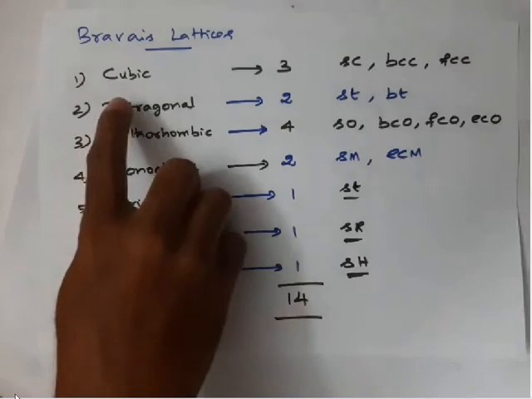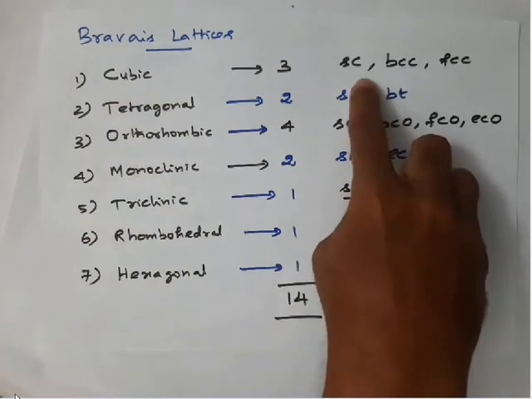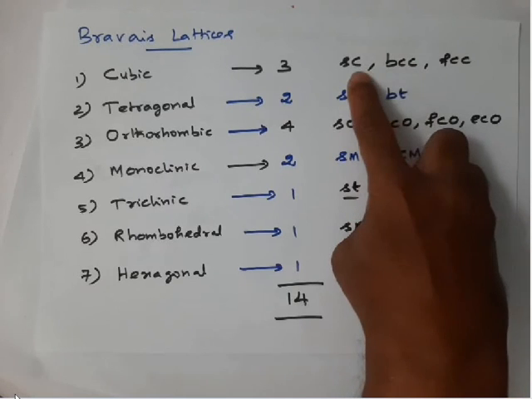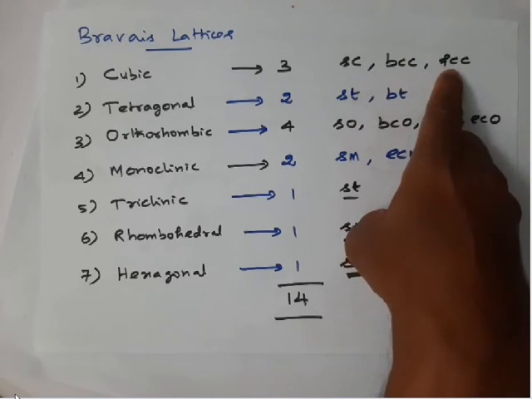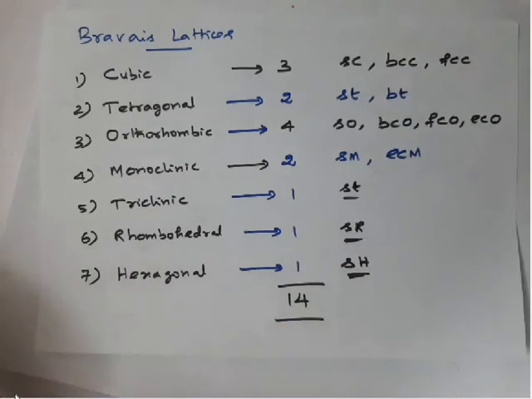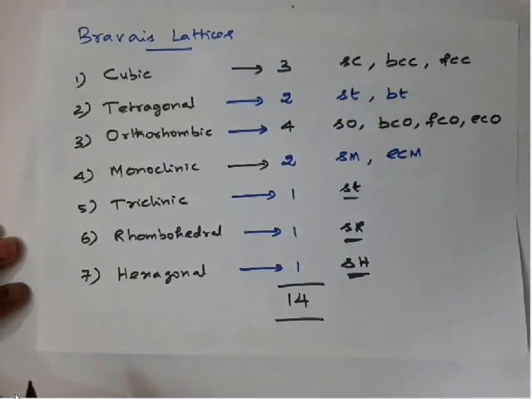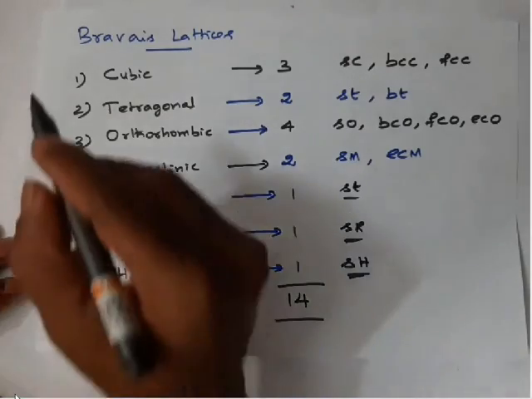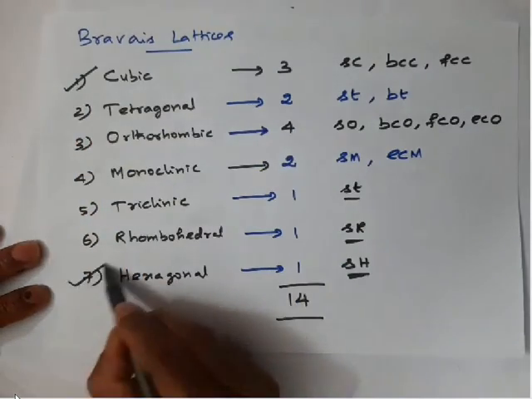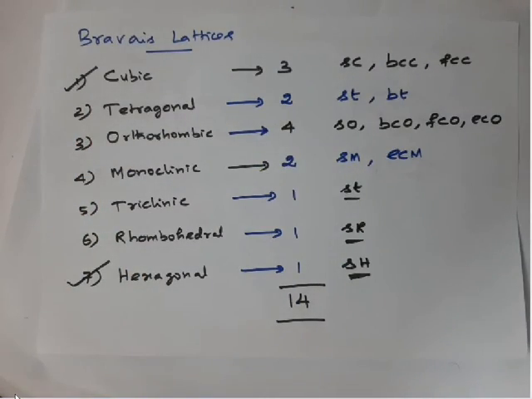Remember, in cubic crystal we have 3 different unit cells: simple cubic, body centered cubic, and face centered cubic. Mostly in a NEET or JEE examination, they will ask only these 2. They won't go beyond this.